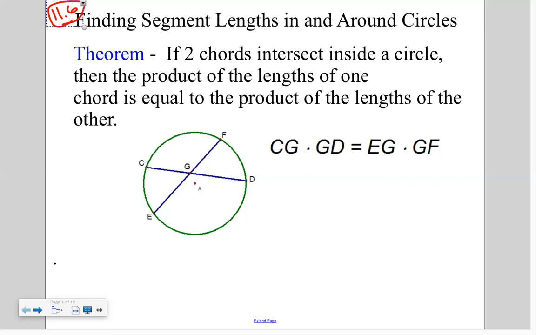So if we take the length CG, which is this length, and we multiply that times GD, which is that length, it will equal the product of EG times GF. Right? And it always works. As long as you've got those two chords, the product will always equal each other, of the two different chords.